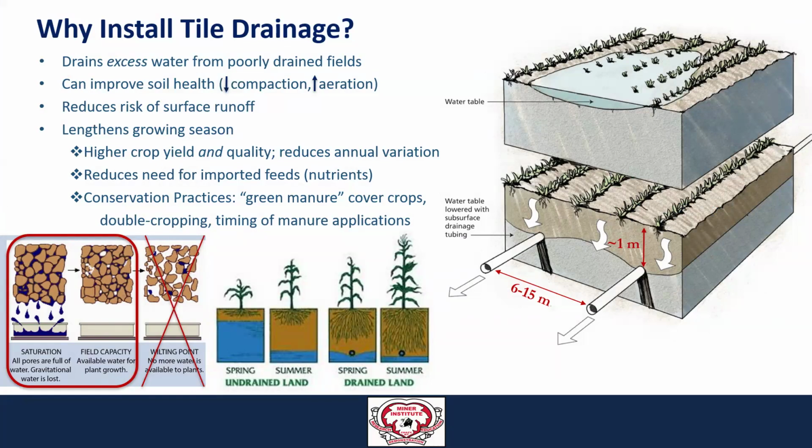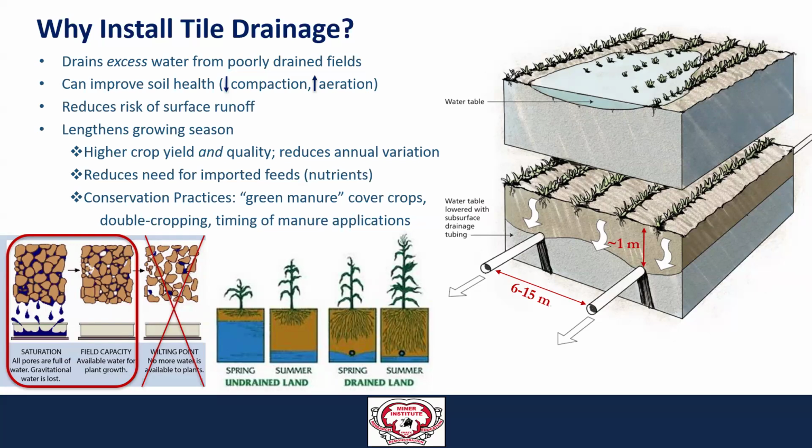Certainly from a production standpoint, there is a lot of research that demonstrates the great benefits in crop production when we install tile drains. But there's also a lot of potential conservation benefits that we can see by lowering that water table early and then again late in the growing season.